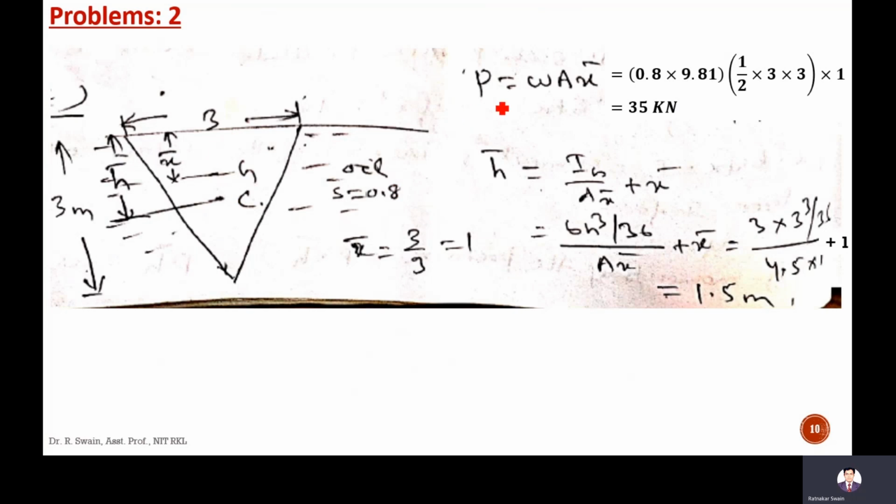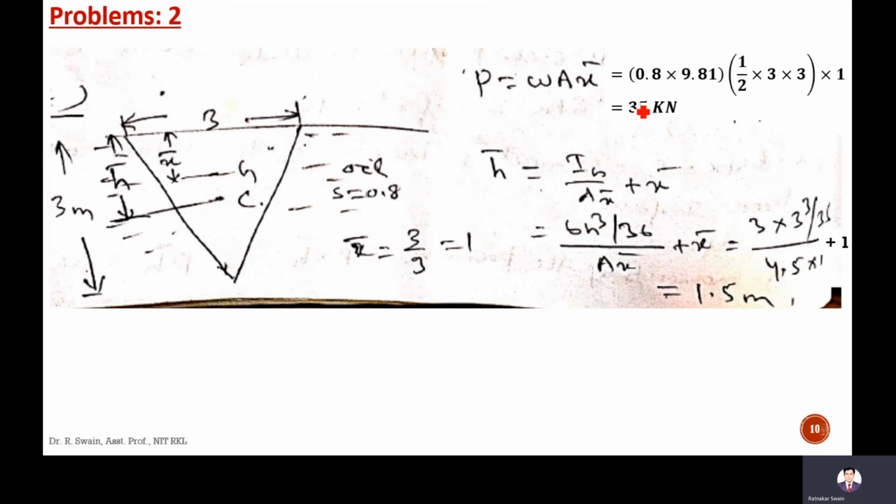So you want to calculate the total pressure, that is W into A into x bar. W for this oil will be 0.8 into 9.81, kilonewton per meter cube. So area is half into 3 into 3, that is B into H, into x bar which is 1.